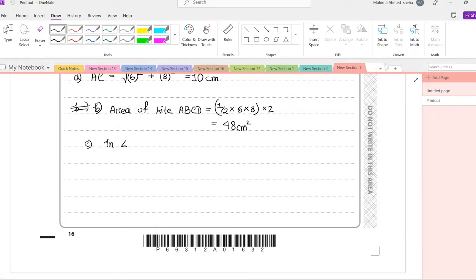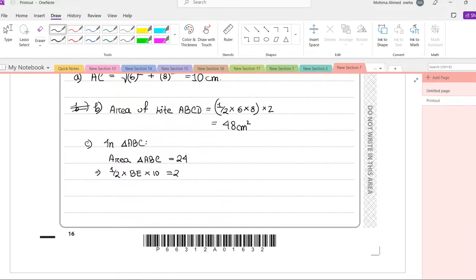So in triangle ABC, just in triangle ABC, the area of this triangle is 24, that was half into 6 into 8, and we can also find it using the equation half into base, which is AC, and height, which is BE.